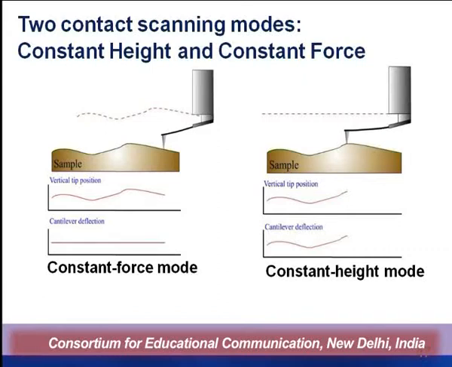But in the constant force mode, the distance between the surface and the tip will be constant throughout the scanning of the surface. So these are the two modes, constant height and constant force, in the contact scanning mode.